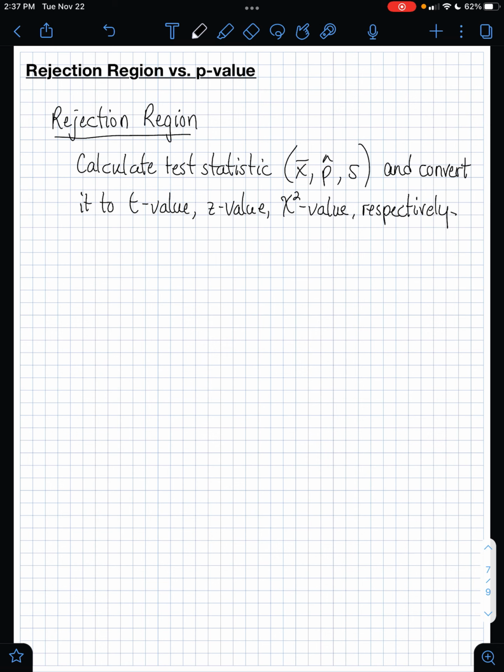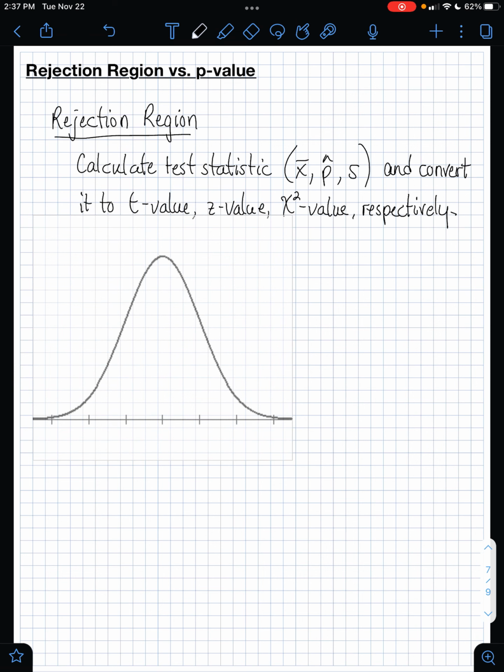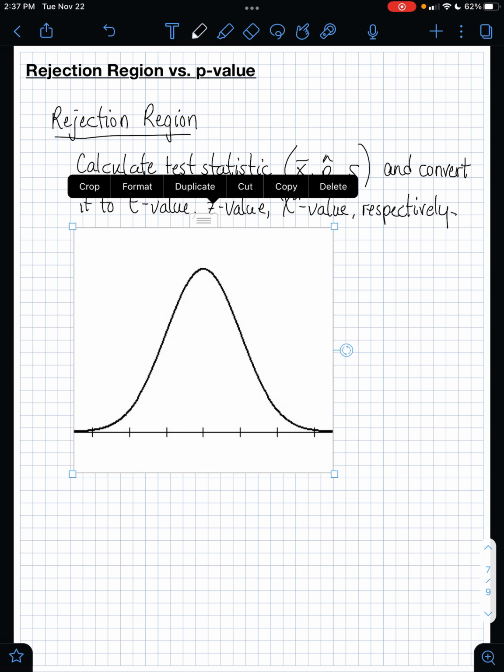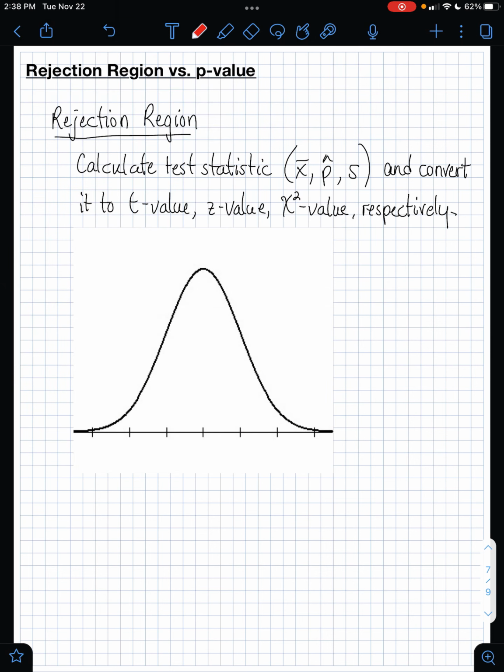We're then going to take the left tail, right tail, or two-tail test, and we're actually going to have to define the value of that critical value.